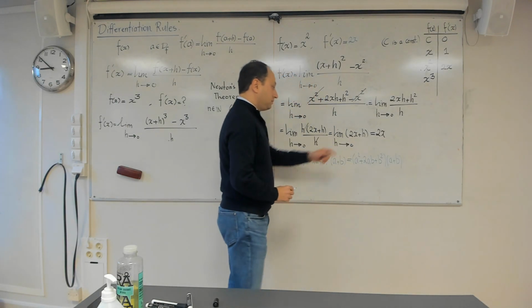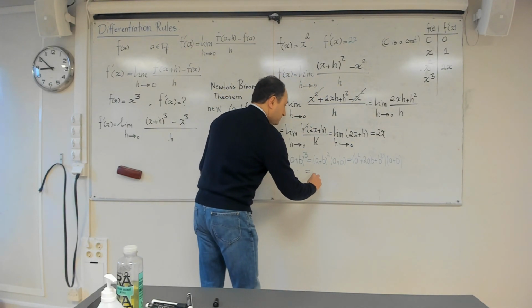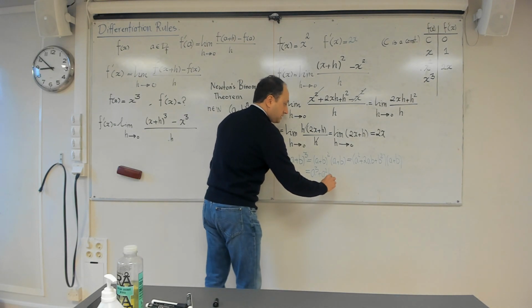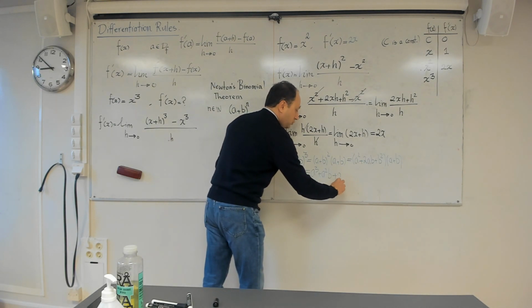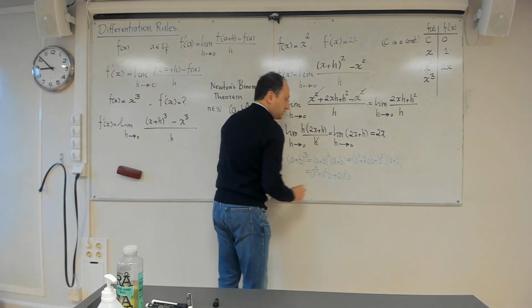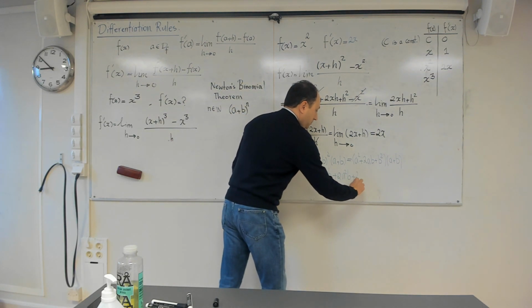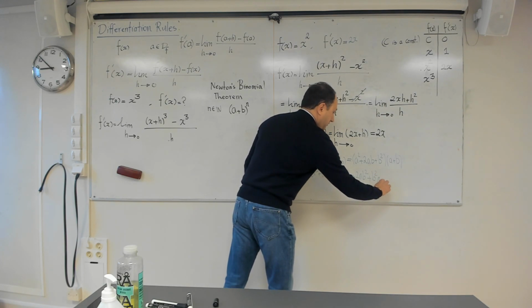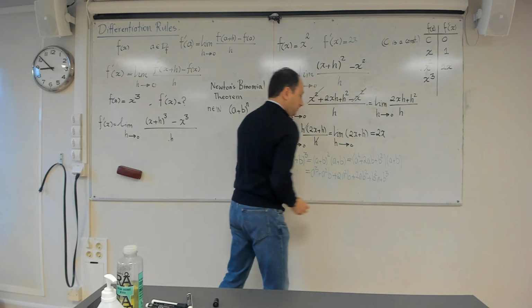Okay, so let me multiply it now. So what happens? It becomes a^3 + a^2 b + 2a^2 b, yes? And then you have 2ab^2, and then you have b^2 a, and finally you have b^3.